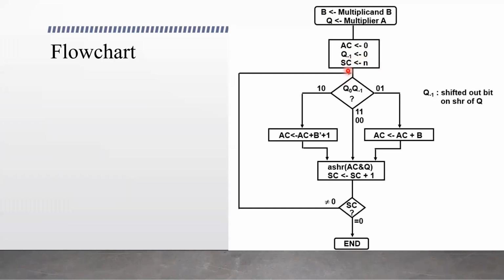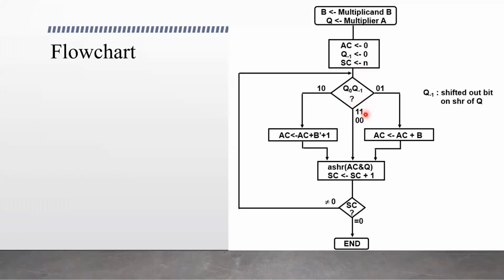SC is the sequence counter that gets decremented every time, initialized to N, the number of bits in the multiplier, because the process needs to be repeated N times. We store the value of N in SC, and we keep decrementing it until SC becomes 0.